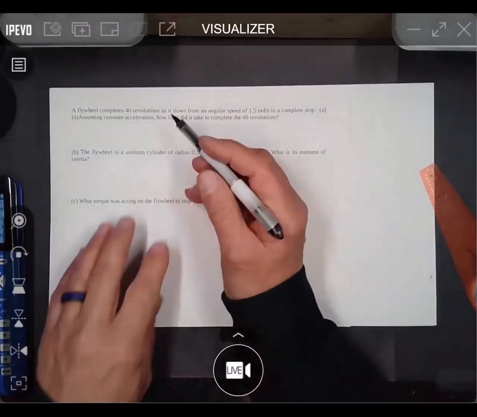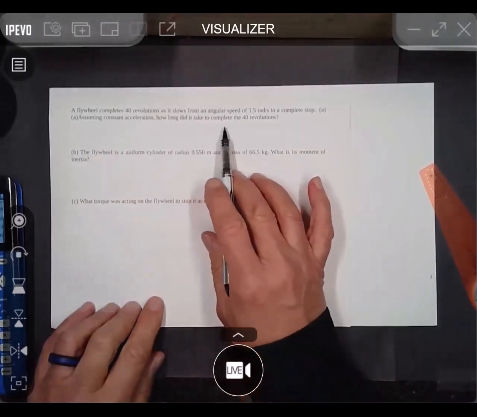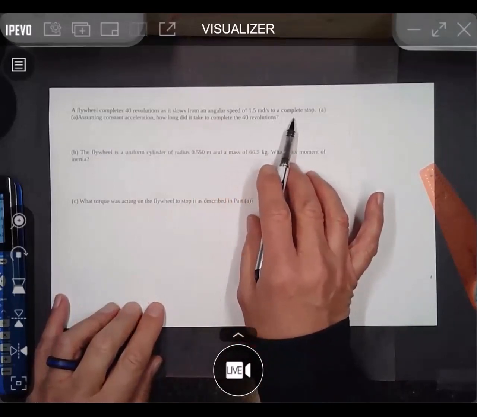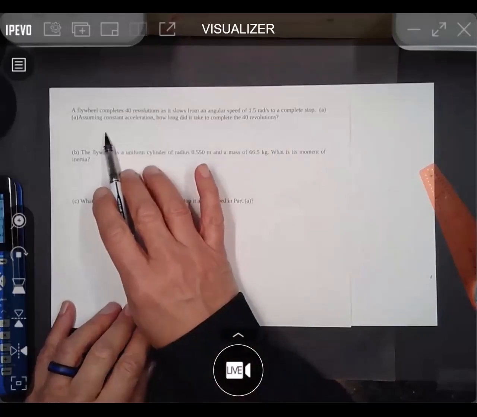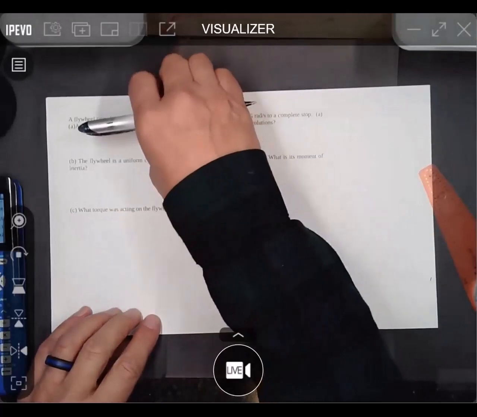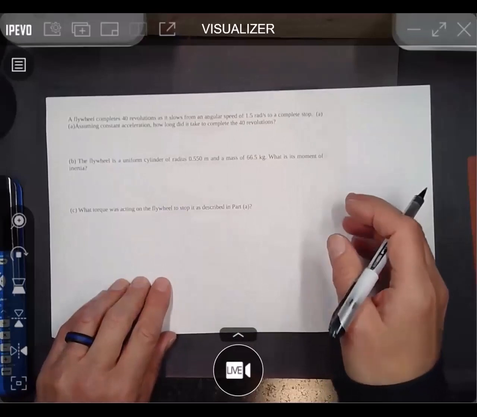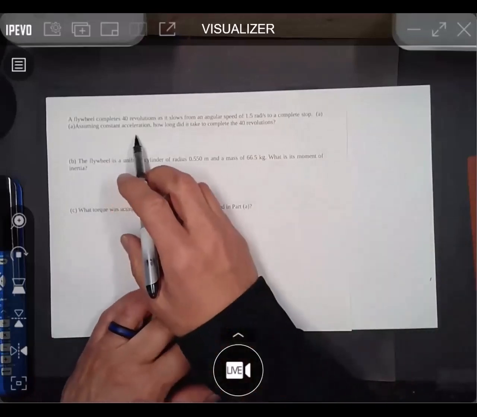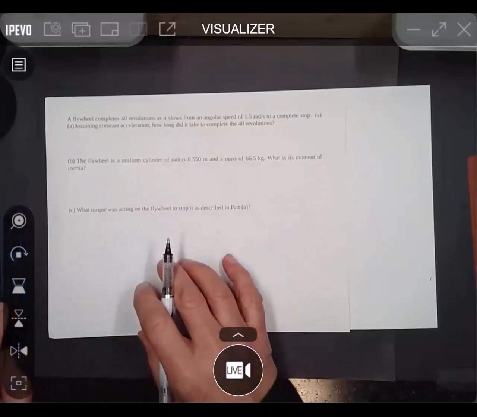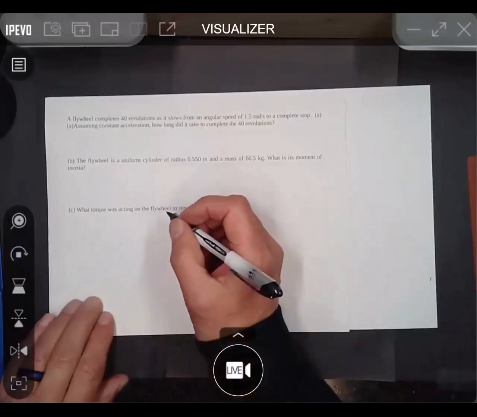Okay, and then here we've got one. A flywheel completes 40 revolutions as it slows from an angular speed of 1.5 radians per second to a complete stop. Assuming constant acceleration, how long did it take to complete the 40 revolutions? Well, we've got a bunch of different choices for equations for solving this, but really it's going to be the equations for constant angular acceleration, and they look like this.